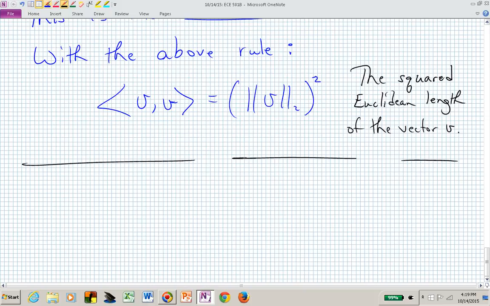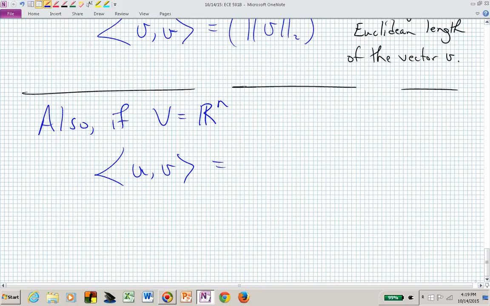Now, if we restrict our F to being real, then that's just the traditional dot product that you're used to seeing with vectors. You could now say, oh, this is u dot v.